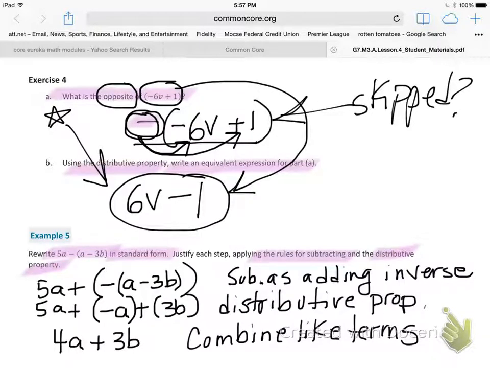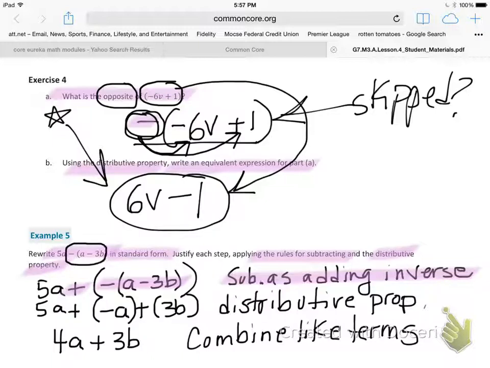Okay, they had recommended doing this in a few more steps, but I found 3 steps to be sufficient. First I just went ahead and wrote this out using subtraction as adding the inverse. So I put 5a, and I put plus, and then put negative (a minus 3b), which is right here.